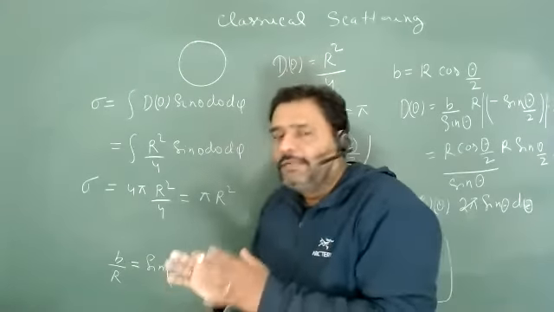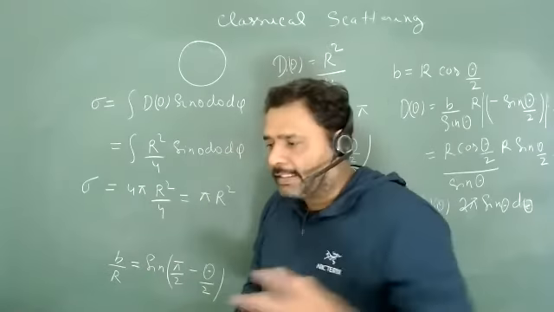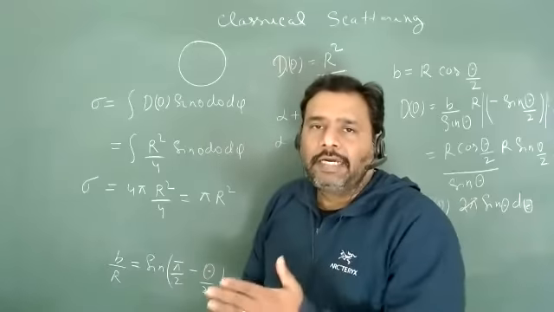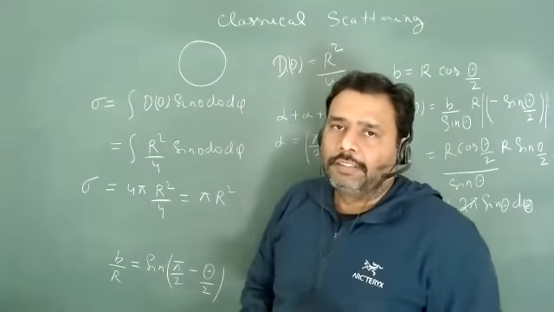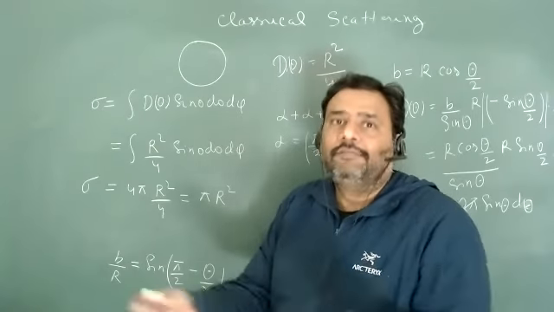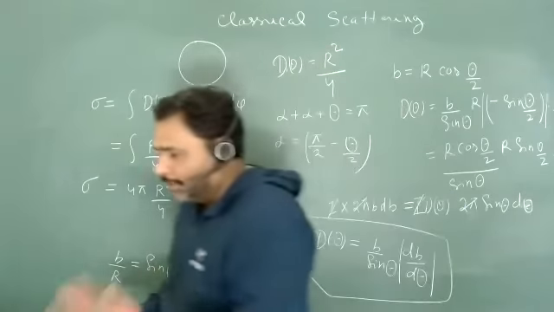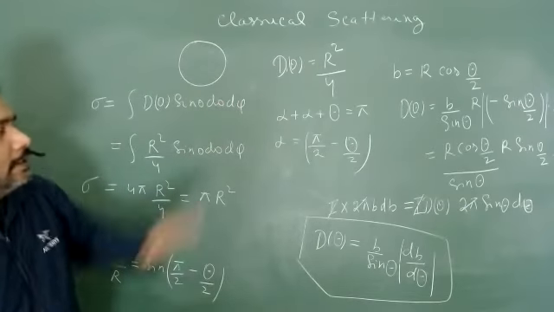Out of this 4 pi r square, only pi r square will take part in the scattering. Only from this particular pi r square, the particle is going to scatter. This is all this means. But in quantum mechanics, you will see the thing will entirely change, due to superposition of waves.